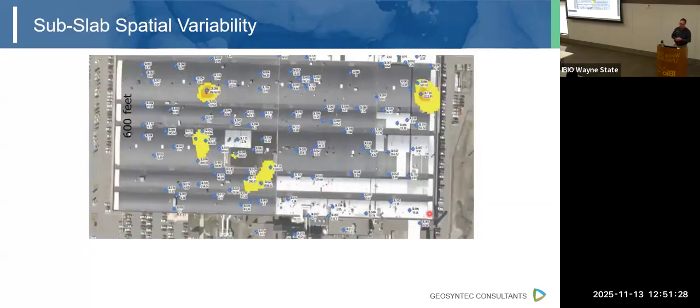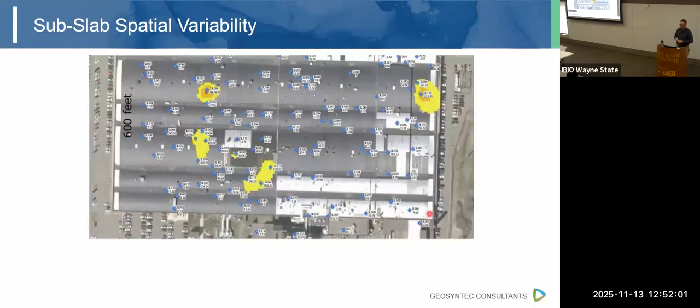Another variability problem we have is spatial variability, and this we think about more in the subslab soil gas context. So here we have a large commercial industrial building, probably 100,000 square feet. And the consultant that did this initial investigation is looking at that state's guidance document that says you need a subslab probe every 1,000 square feet, 2,500 square feet, whatever it is. The Swiss cheese is this floor slab with 100 different vapor pins.